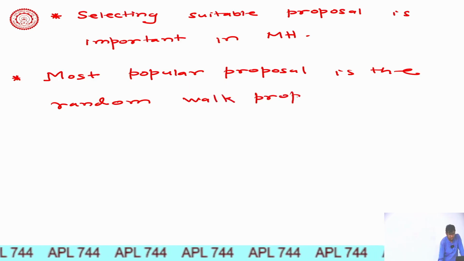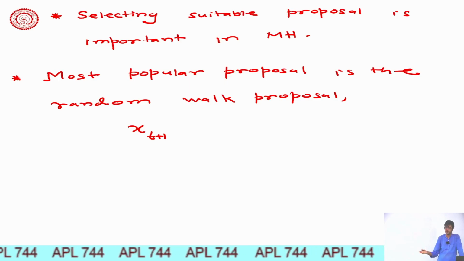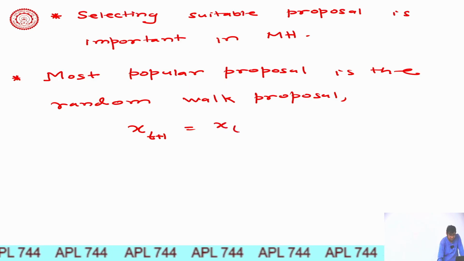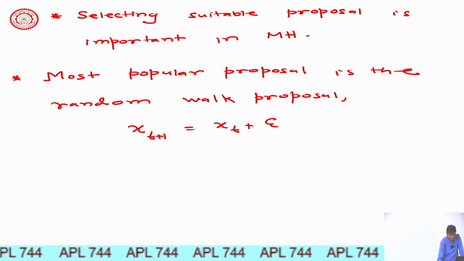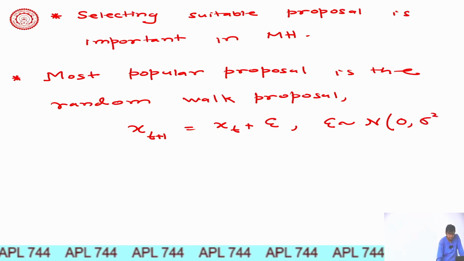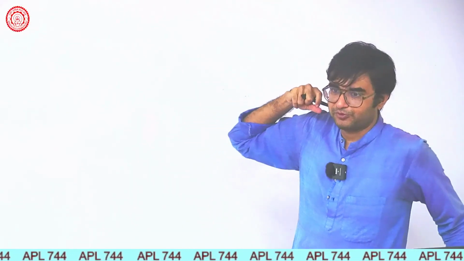Where the idea is simple, that your next particle, the samples are known as particles by the way in all these methods, x_{t+1} is equal to your current particle plus some epsilon, where epsilon is from some zero mean Gaussian distribution. Okay. So this proposal, if you use, that is known as the random walk proposal.